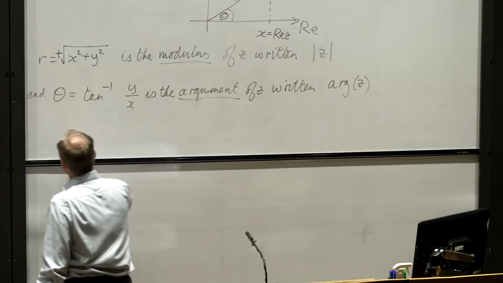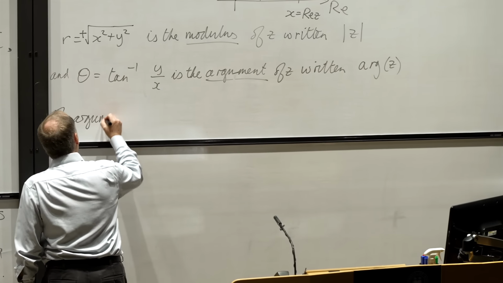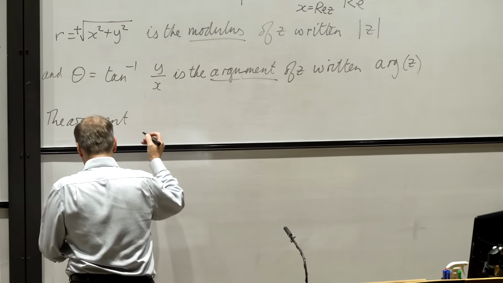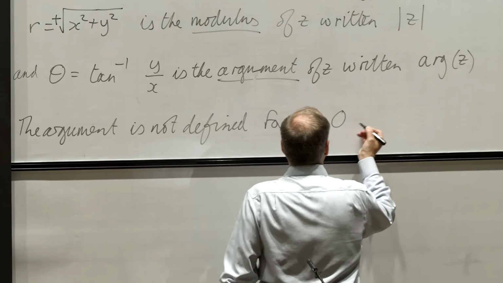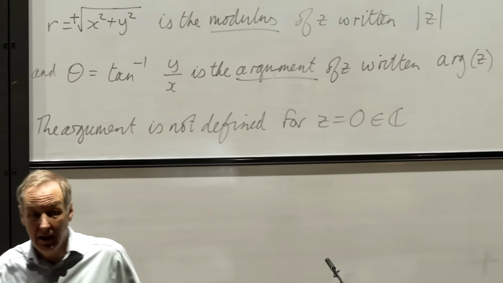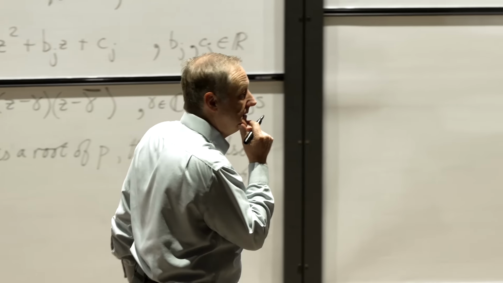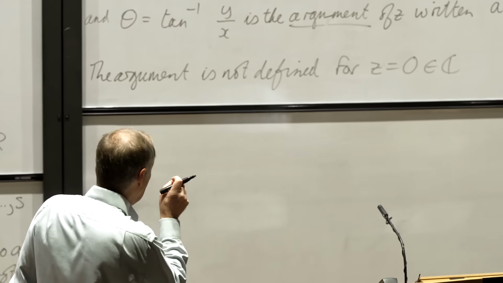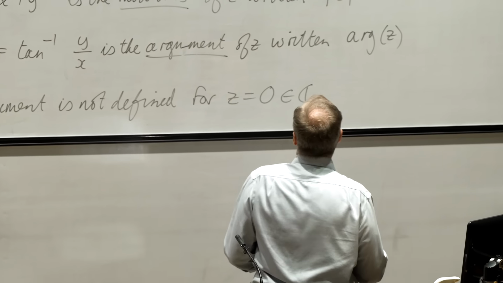So the first thing to note is that the argument is not defined for z, which is the 0 complex number. R is perfectly well defined. But I think that's the only complex number for which we cannot define an argument.